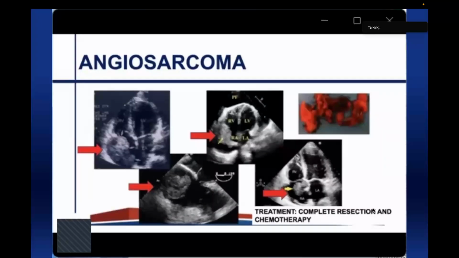Sarcomas commonly involve the right side of the heart, are rapidly growing, frequently invade the pericardial space, and may obstruct the cardiac chambers or venae cava. Sarcomas also may occur on the left side of the heart and may be mistaken for myxomas. The optimal therapy for cardiac sarcoma is complete resection, often with neoadjuvant and post-op chemotherapy.